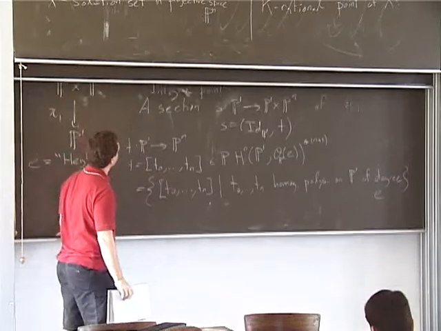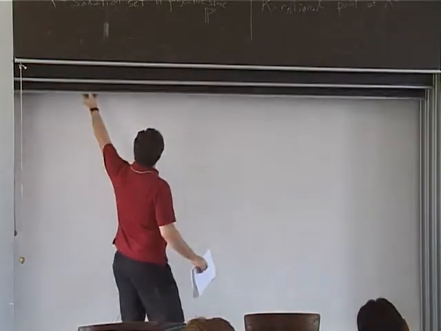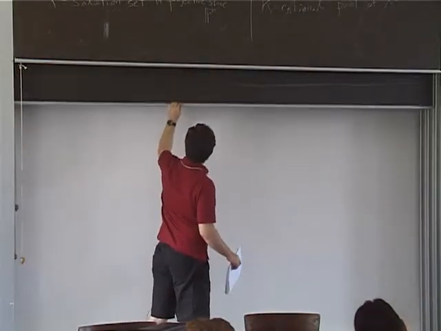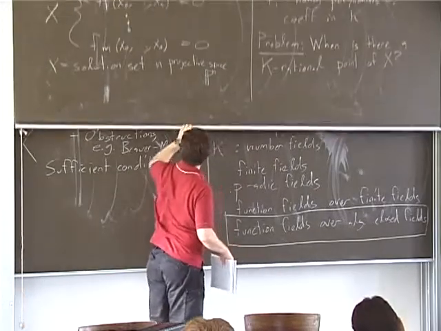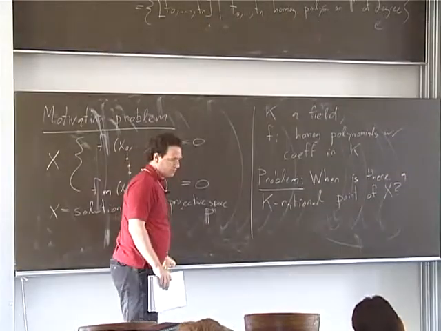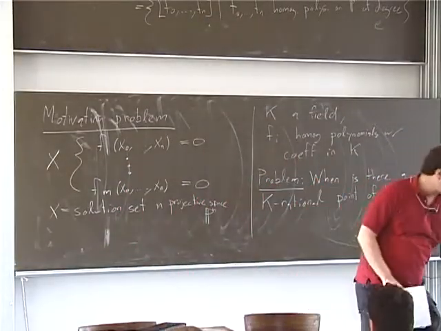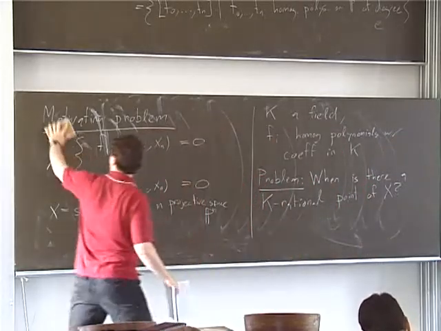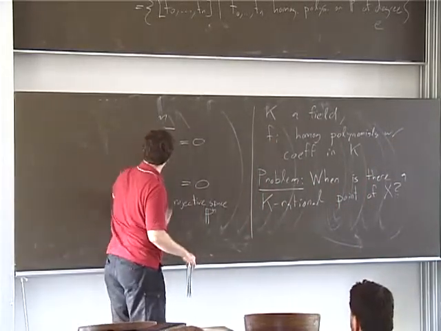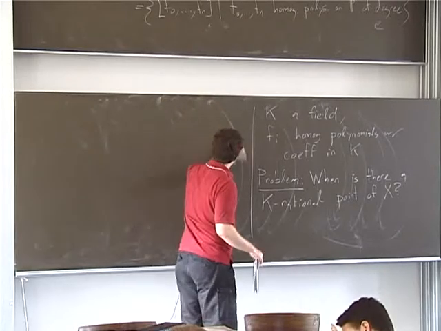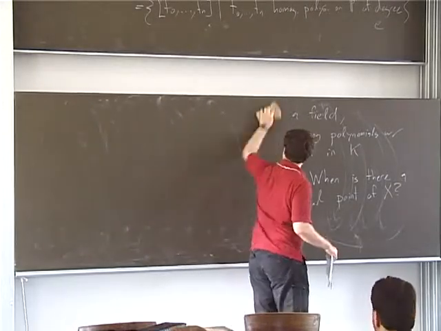And now we can ask about how many of these things there are. So given a height, we can count how many solutions there are. In this case, what that really means is we count the dimension of the space of solutions.